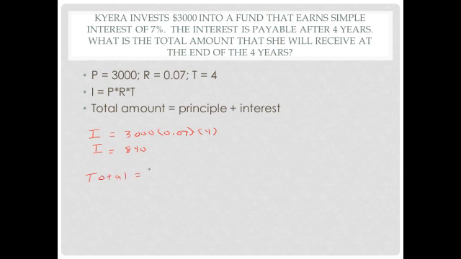So we would have to add the initial principal, the amount she invested, plus the interest that she earned. And when we do that, 3,000 plus the 840 will give us a total of $3,840 after 4 years.